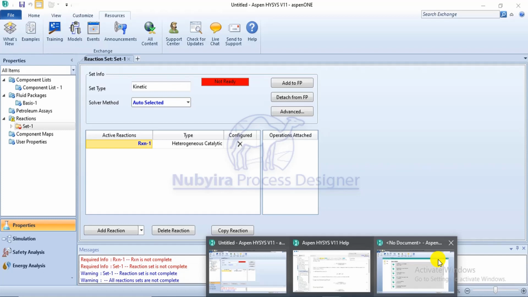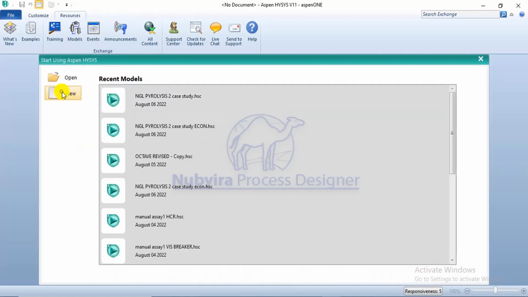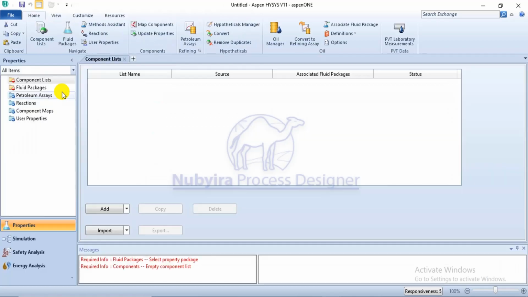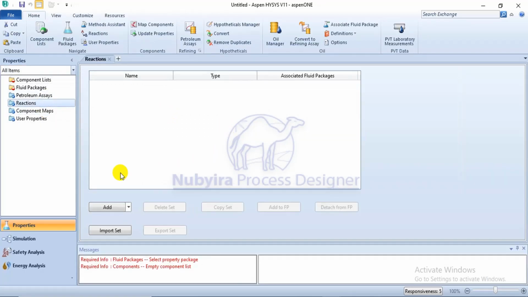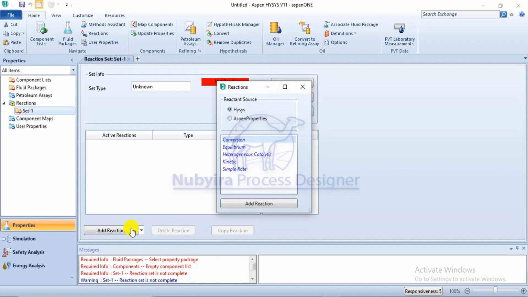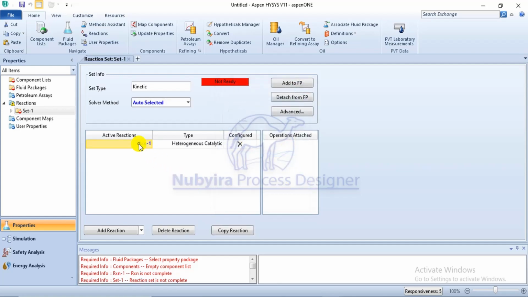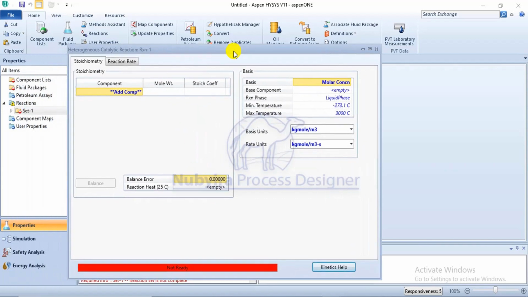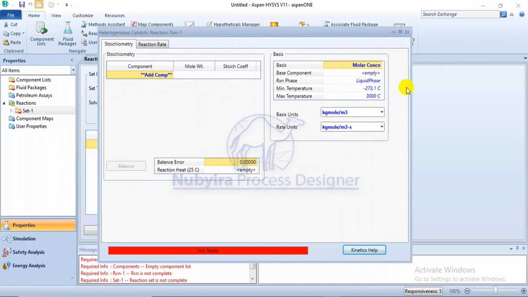Okay, so I'll just quickly go into the reaction section because that is where I want to illustrate. So if you want to use the heterogeneous catalytic, you click on it and then you click add reaction. Now this is what I wanted to show you right here.